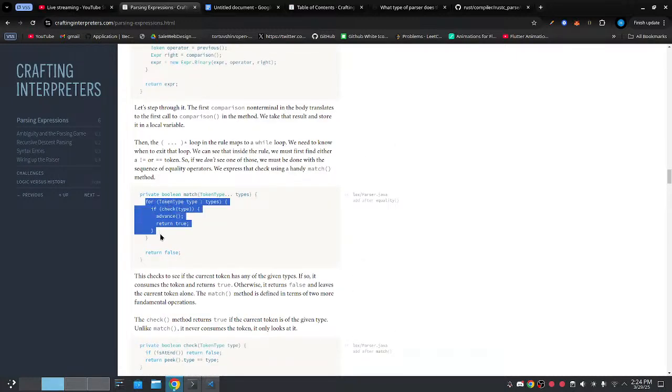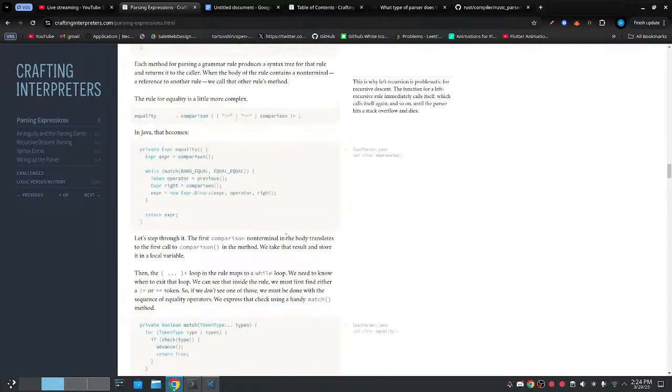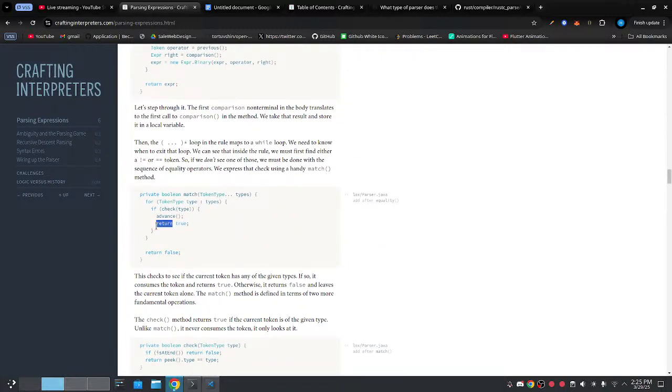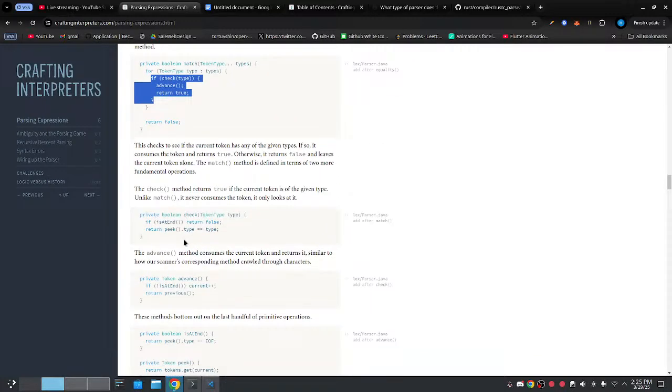For token type in types. Okay, I know what this syntax refers to. It means that there could be n number of arguments here for types, for token type in types. If check type, then advance, return true. This is doing the same thing that I talked about.